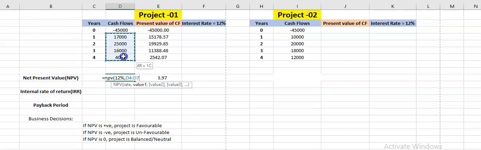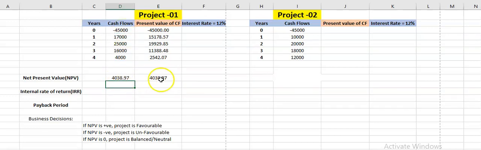We take only the positive cash flows, not the negative cash flow. Bracket close, plus, now take the negative cash flow separately. The result is 4038.97, which is exactly equal to what we calculated manually. This 4038.97 we calculated manually one by one, and this 4038.97 we calculated directly using the NPV formula.